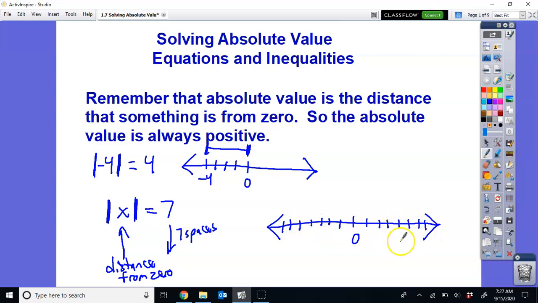I know my drawing is not real pretty here, but 7 is 7 spaces from 0. But -7 is also 7 spaces from 0. So from here to here is 7 spaces. From here to here is 7 spaces. So which one is it? What could x be? Do you just have to pick one and guess?